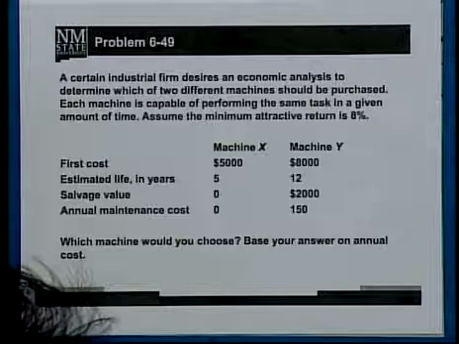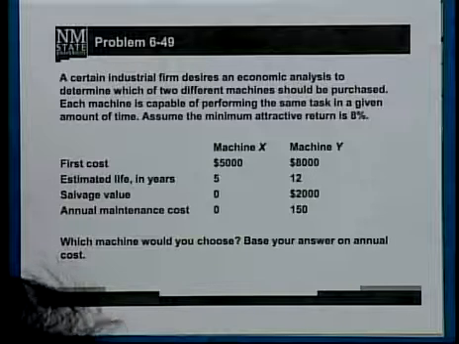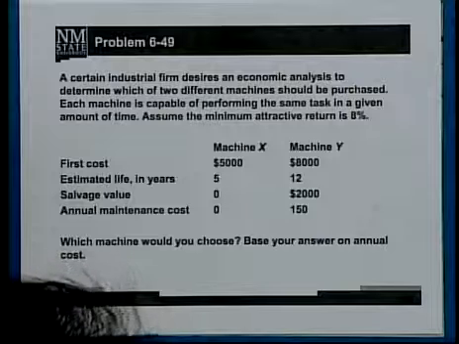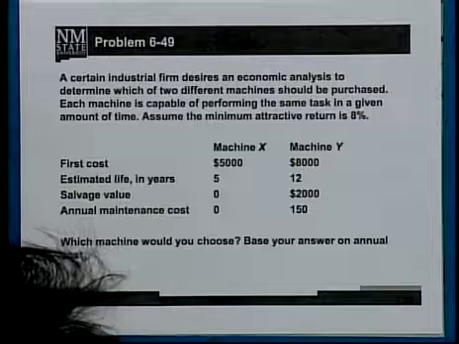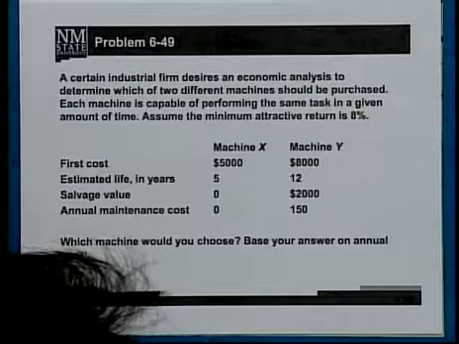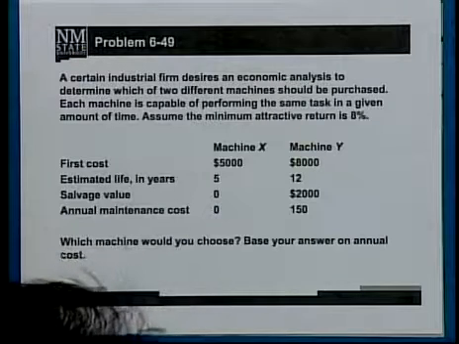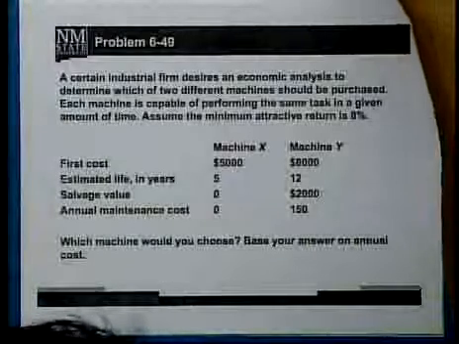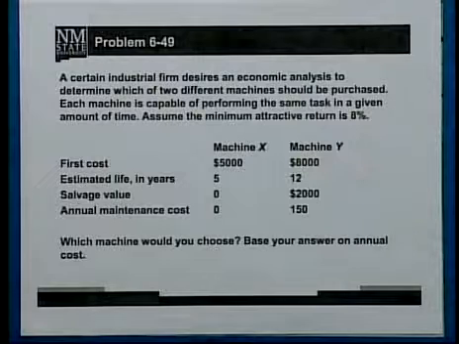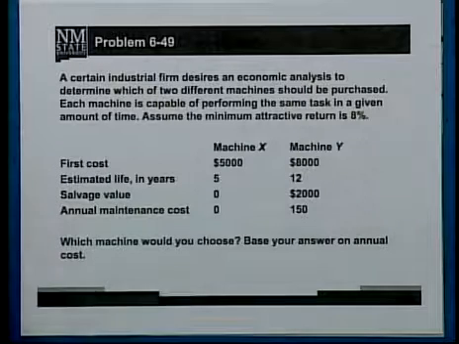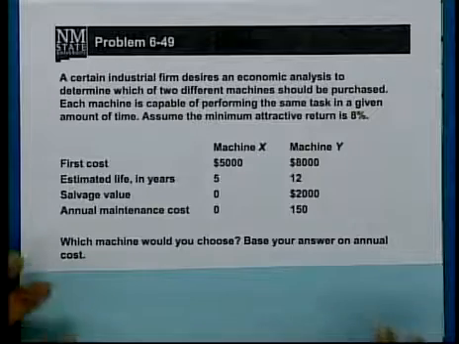Each machine is capable of performing the same task in a given amount of time. Assume the minimum attractive return is 8%. Which machine would you choose? Base your answer on annual cost analysis. So we are required to answer this question based on annual cost.